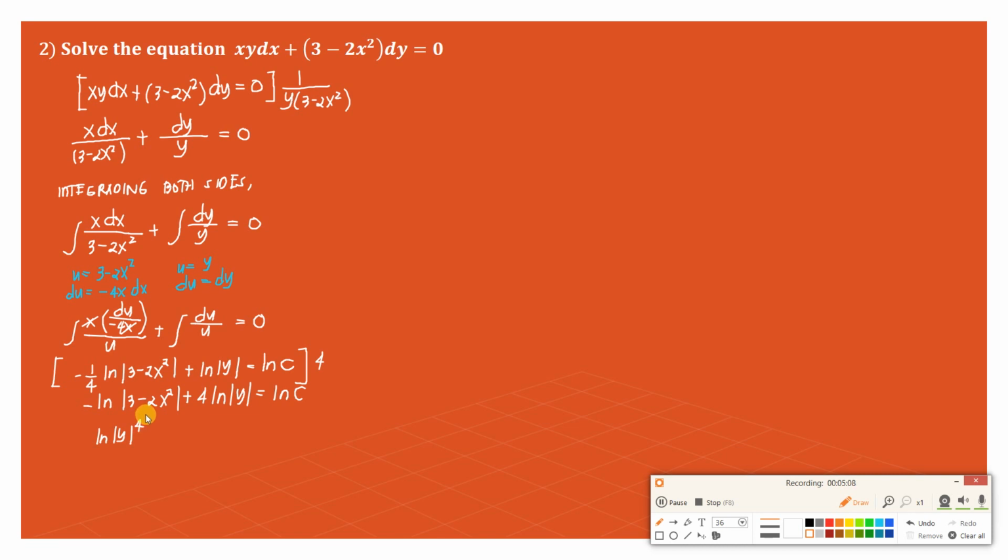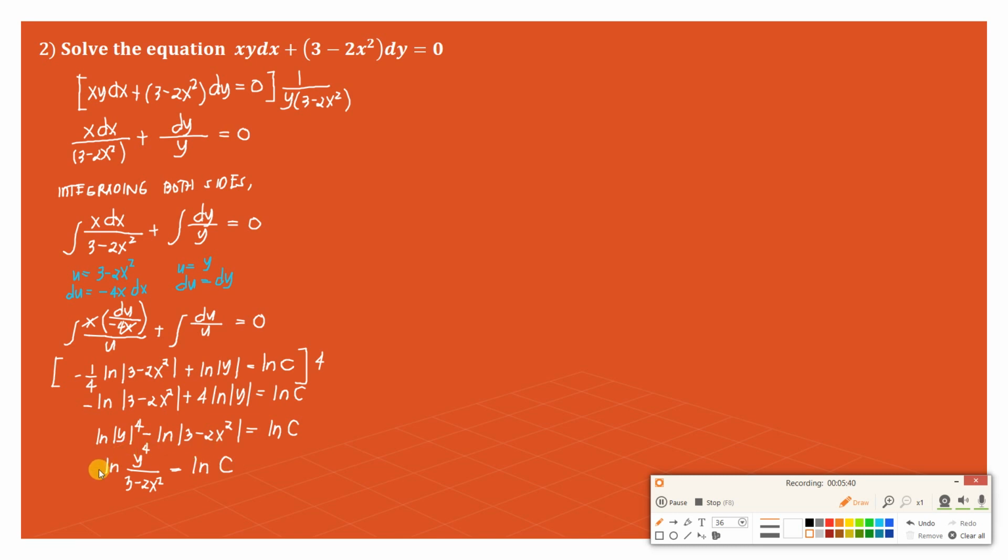Tapos, itong part naman to, minus ln, absolute value of 3 minus 2x squared equals to ln of c. Okay, so pwede na natin i-apply ang law of logarithm. Pag subtraction, nagiging division. So, we have y raised 4 over 3 minus 2x squared equals to ln of c.